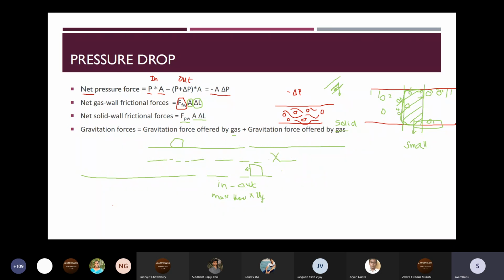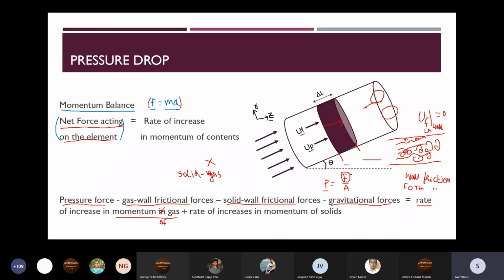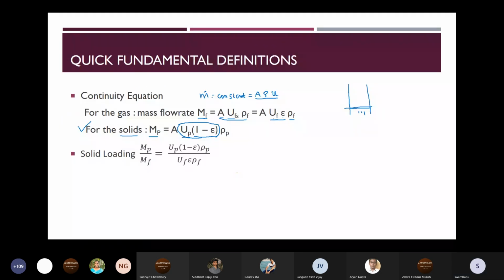And we already learned that m dot is nothing but A into uf into epsilon into rho f. That is the mf. For mp, A into up into 1 minus epsilon into rho p.